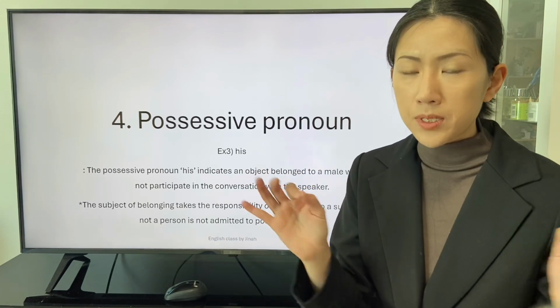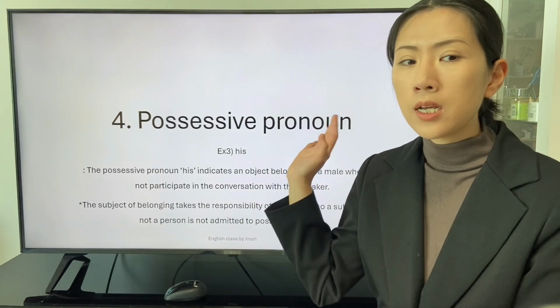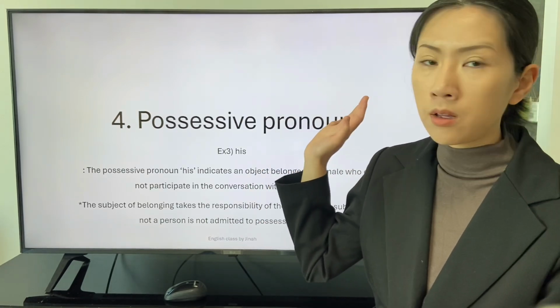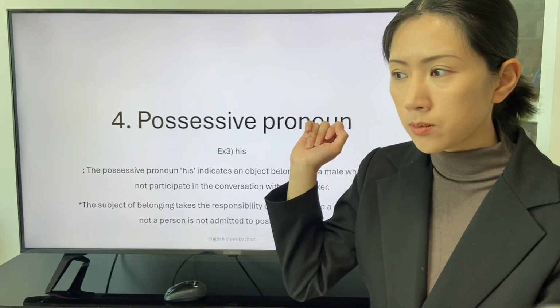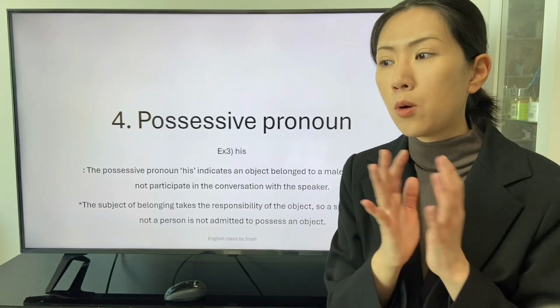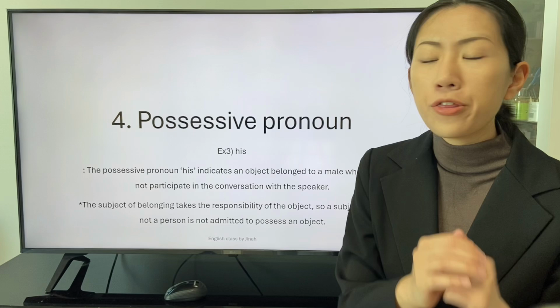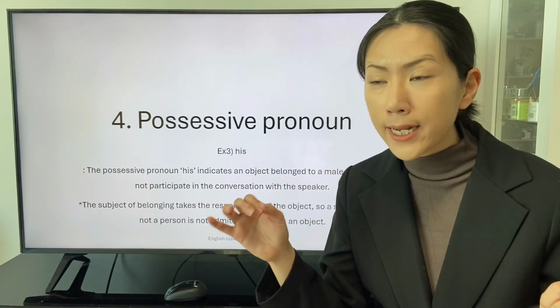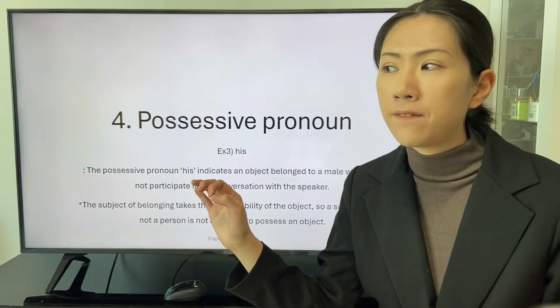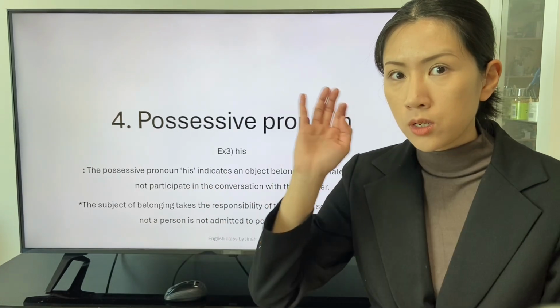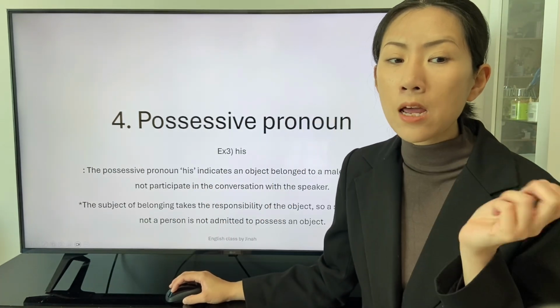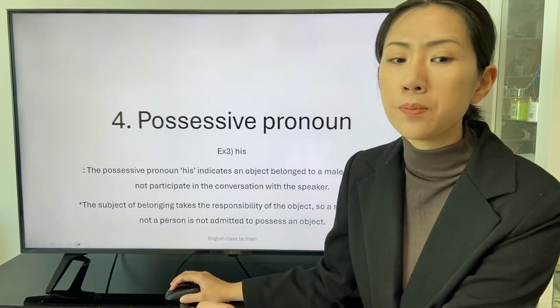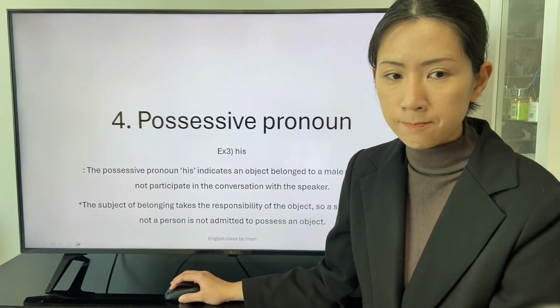The concept of possession in the possessive pronoun is about responsibility. A thing which is not a person cannot take the responsibility of another object. So a subject that is not a person is not admitted to possess an object.